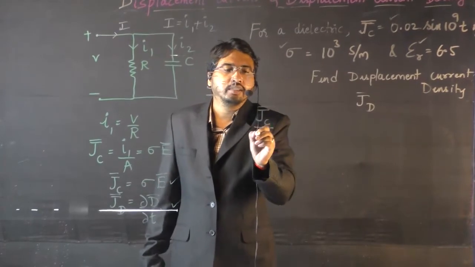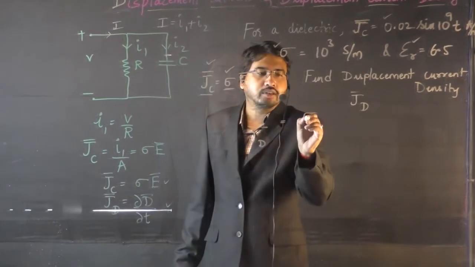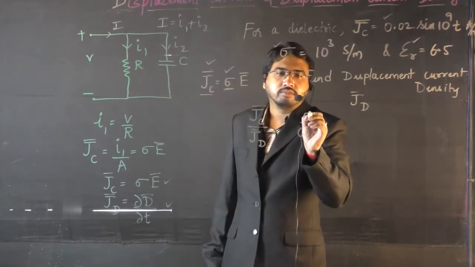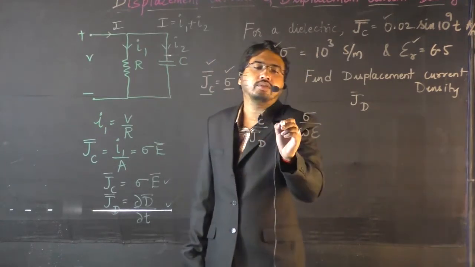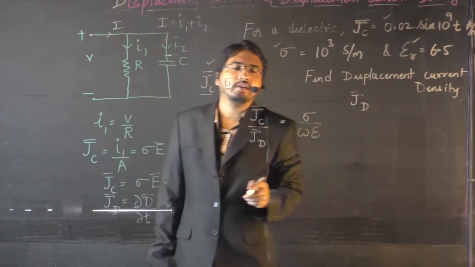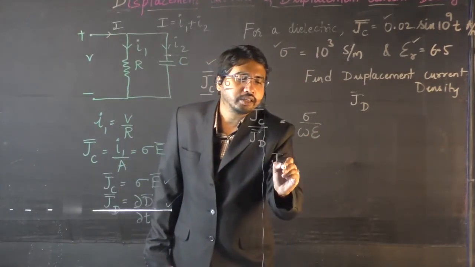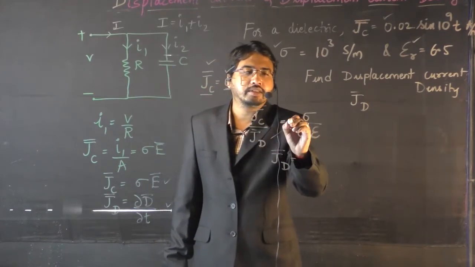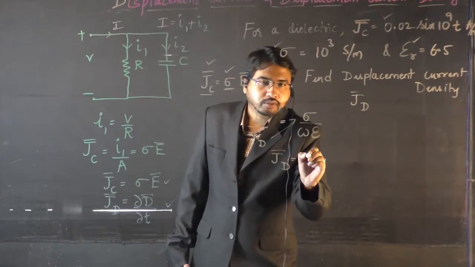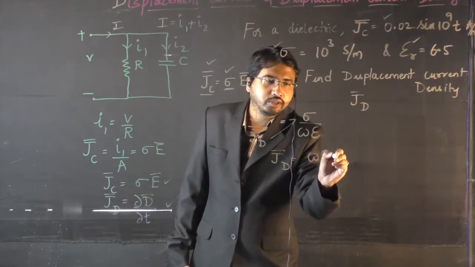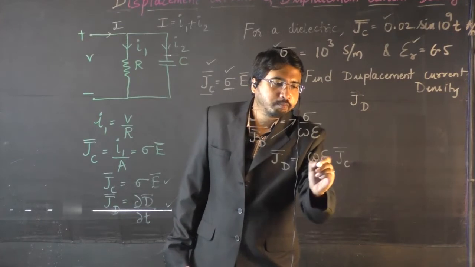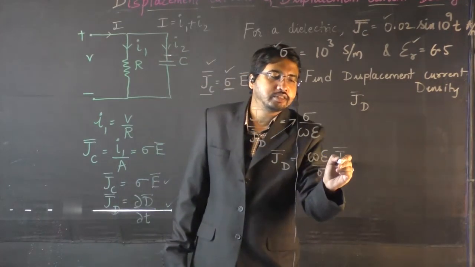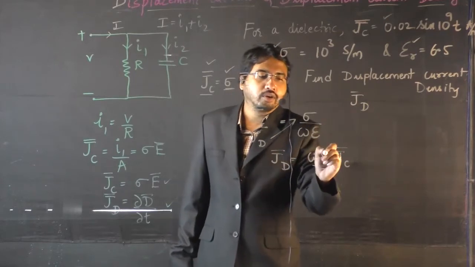We already know that Jc bar by JD bar is equal to sigma by omega epsilon. So from this, what is JD bar? If you send it to that side, JD bar is omega epsilon into Jc bar by sigma, where you know all the values.